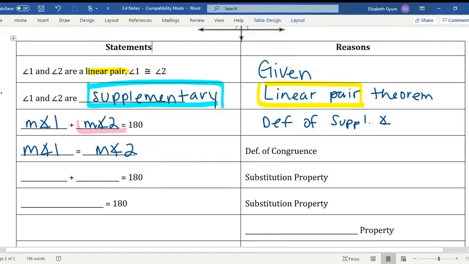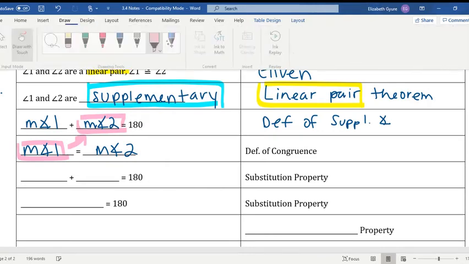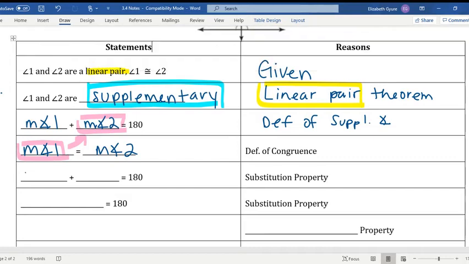Instead of saying the measure of angle 2, I'm going to replace that with the measure of angle 1. Because if things are equal, I can interchange them. So what I'm then going to say is that the measure of angle 1 plus the measure of angle 1 equals 180. I substituted 1 in for 2.